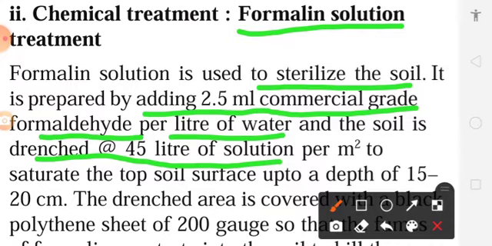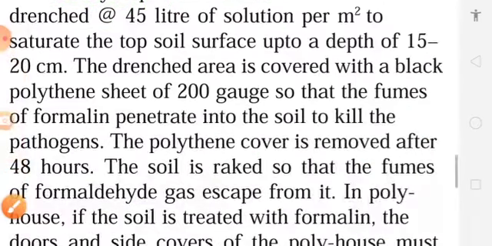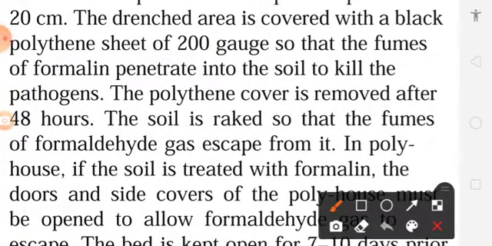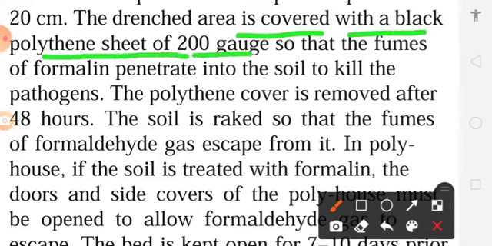So that will saturate up to 15 to 20 centimeters, and after drenching, this area is to be covered with black polythene sheet of 200 gauge. Remember that it should be black. If it is transparent, then there will be growth of fungi or others. So it should be black, and that will also help to retain temperature from the sunlight or sun rays.